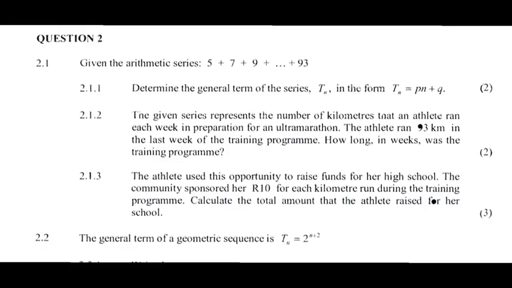Question number 3. The athlete used the opportunity to raise funds for her high school. The community sponsored her 10 rand for each kilometer run during the training program. The question says further, calculate the total amount that the athlete raised for her school. So we need to calculate the total amount.